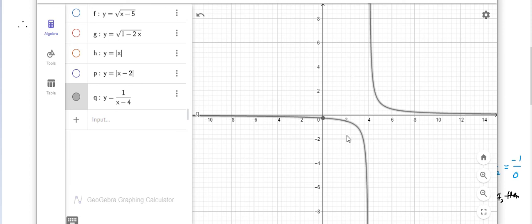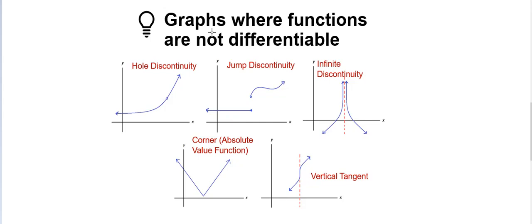So, for a tip, no, magbibigay ako ng tips sa inyo para sa pamamagitan pala ng graph. Pag nakita niyo yung graph, automatic, malalaman niyo kung ito ay differentiable o hindi. Alright. So, ito ang mga graph na kung saan masasabi agad natin ang function ay hindi differentiable.